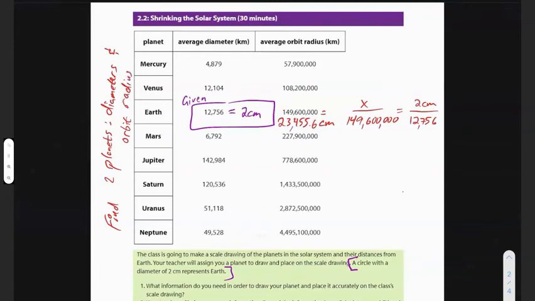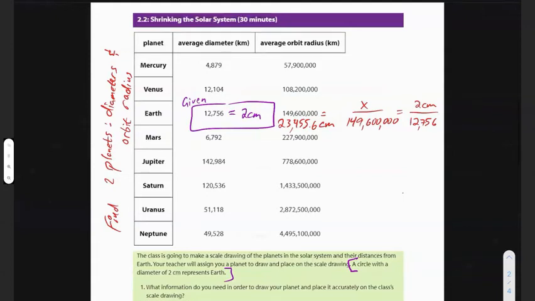Okay. You can use the given scale factor. Okay, so for example, with Mars, I'll go ahead and find the diameter for Mars. Okay.